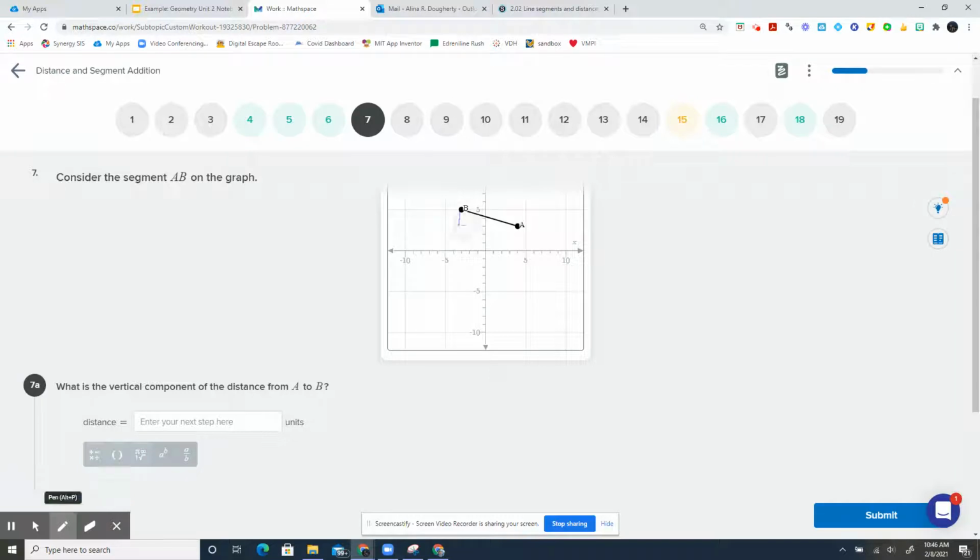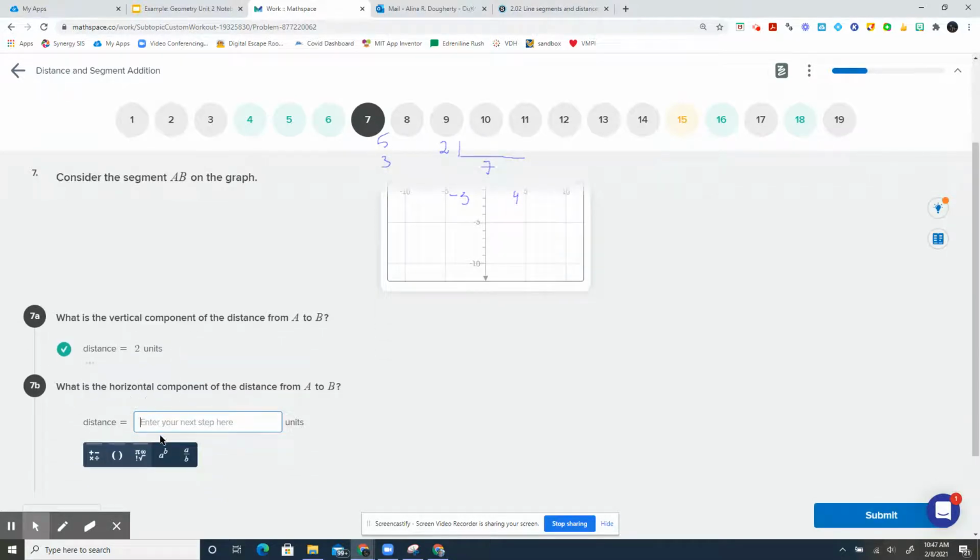So if we draw our triangle, that's going to be 2 because I've gone from 5 to 3, right? And then B is at 1, 2, 3. This is -3, 2, 1, 2, 3, 4. So this is going to be 7. So my triangle is 2 tall and 7 wide. So my vertical component is going to be that up and down piece. Vertical is up and down, that's 2.